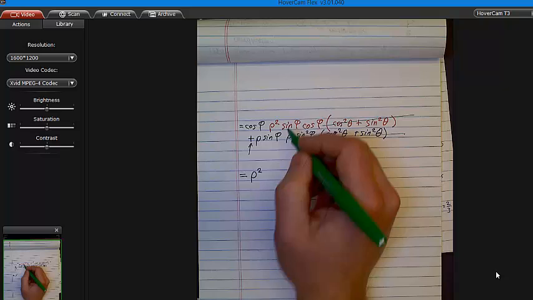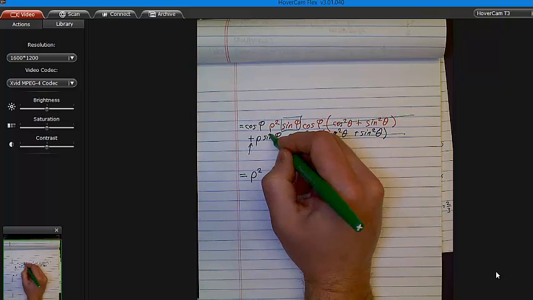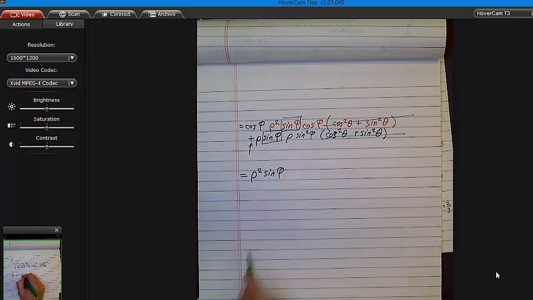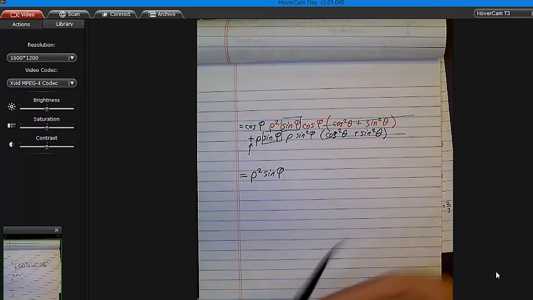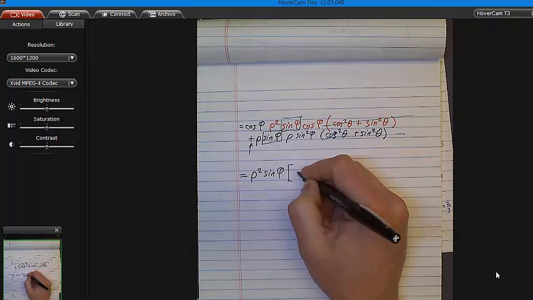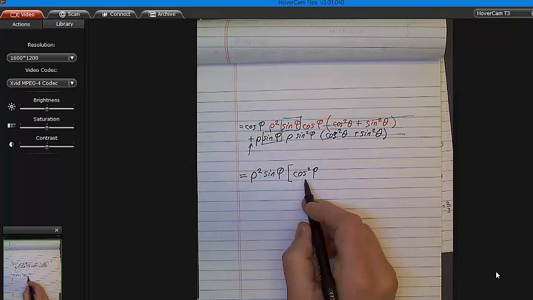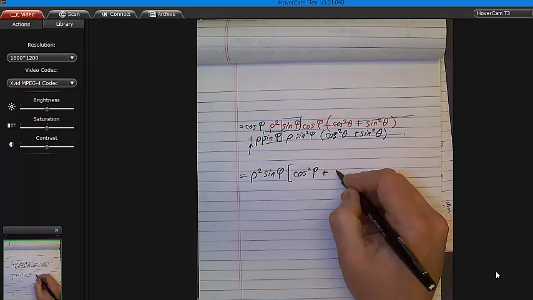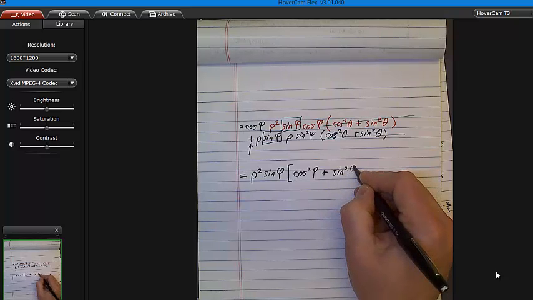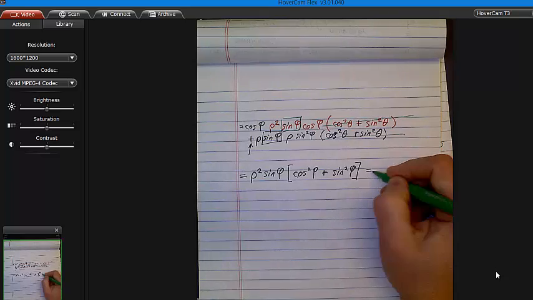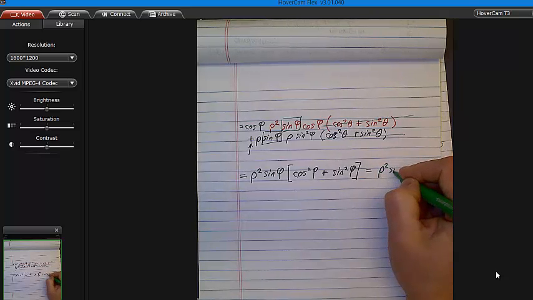I see a sine of phi here and here, right? Sine of phi. So what's left besides that? Cosine squared phi plus sine squared phi. And so we have just computed that the Jacobian ends up equaling simply rho squared sine of phi.